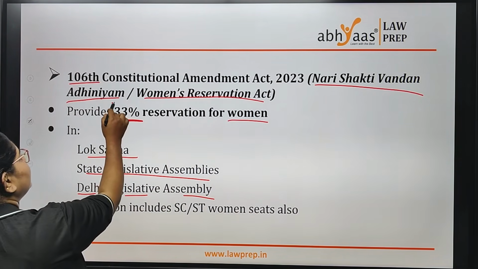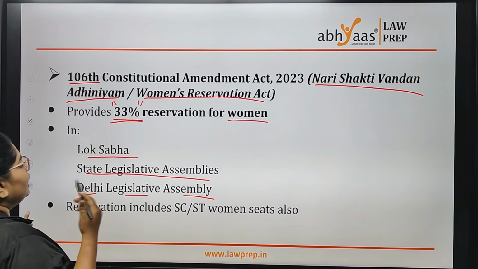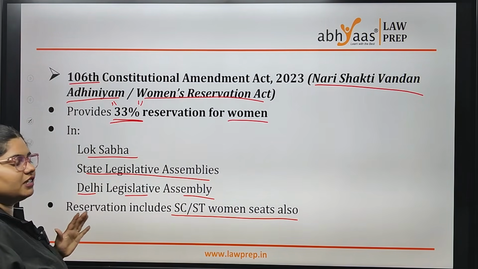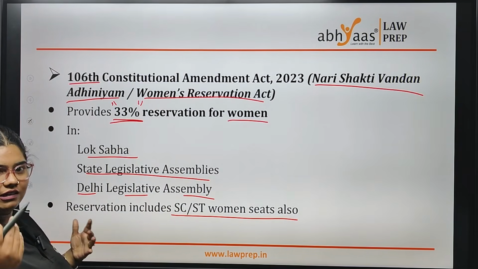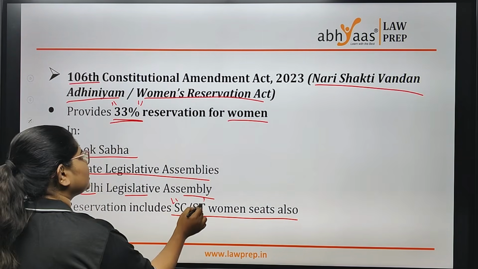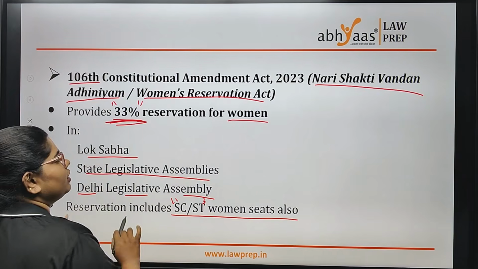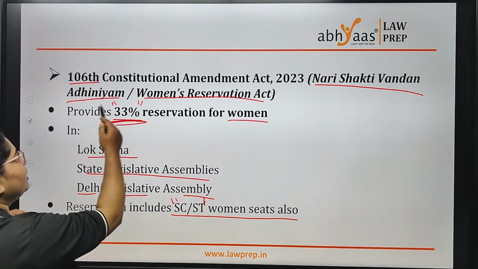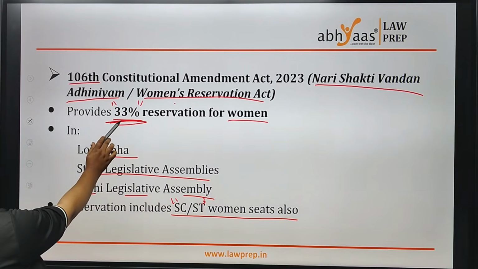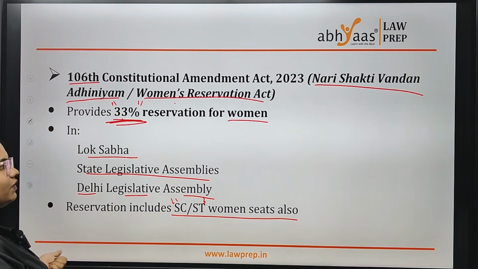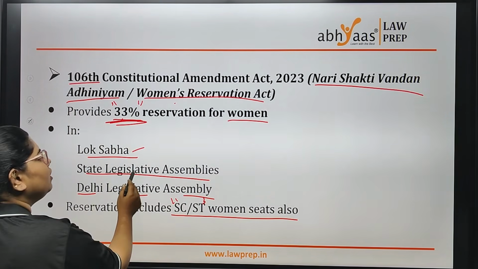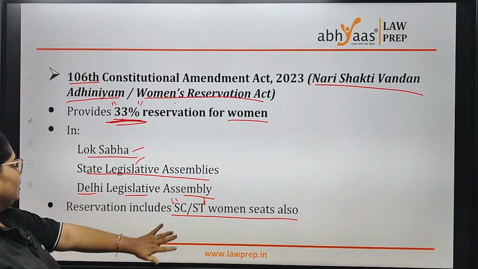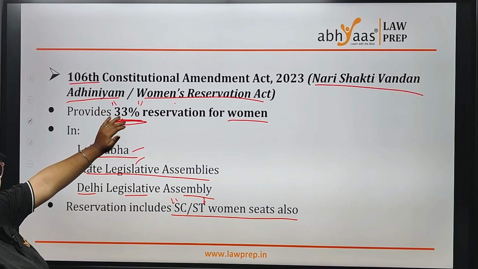When we are saying 33% of reservation, it also includes your SC/ST women seats. It doesn't mean that you'll separately give SC/ST women reservation. They will get the reservation here only. So what key points you should remember in this 106th one is Nari Shakti Vandana Adhiniyam, women's reservation, 33%. Where will they get the reservation? In Lok Sabha, state legislatives, Delhi legislative, and SC/ST women will be included here in 33%.